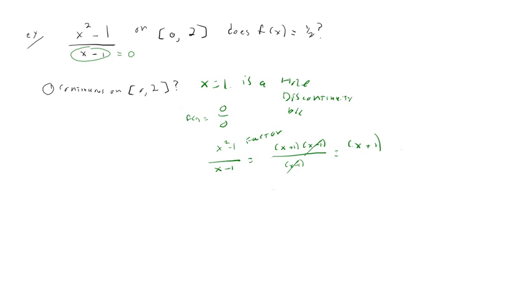So, the question is: is it continuous on 0 to 2? No, because x equals 1 is a discontinuity, so we're done.